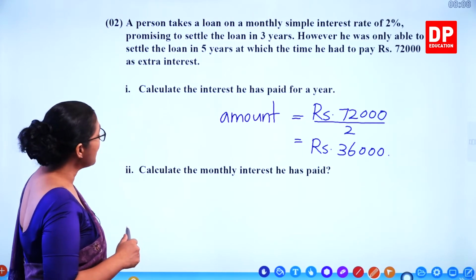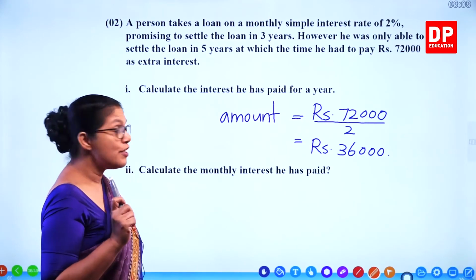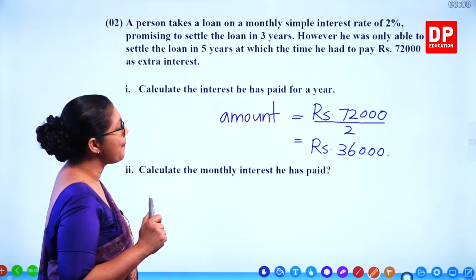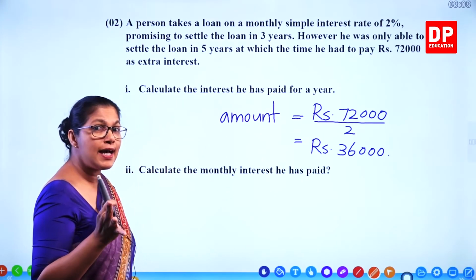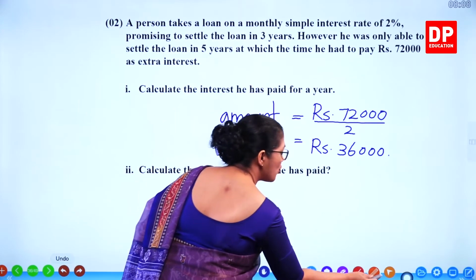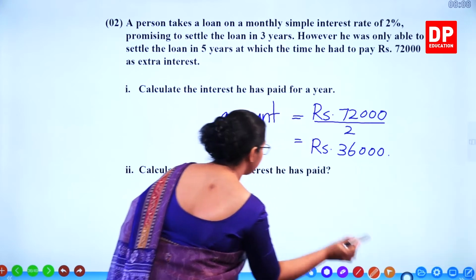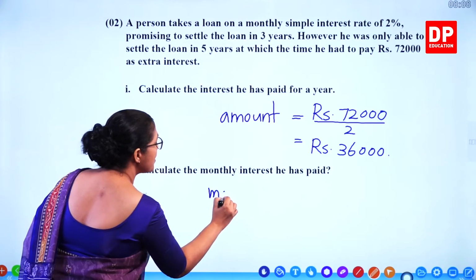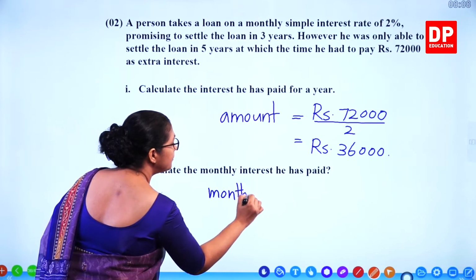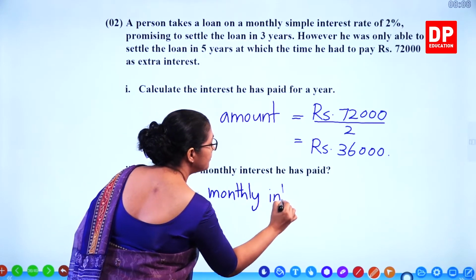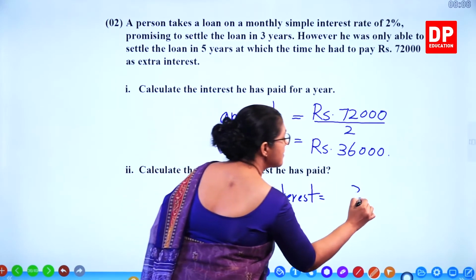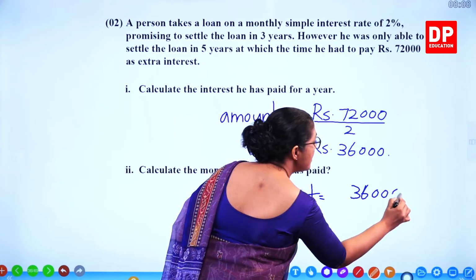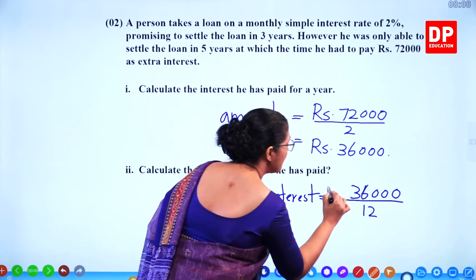Now, we look at the second part. Calculate the monthly interest he has paid. This is for a year. So, how many months per year? 12 months. So, you can find out monthly interest: you take 36,000, that's for a year, divide by 12.